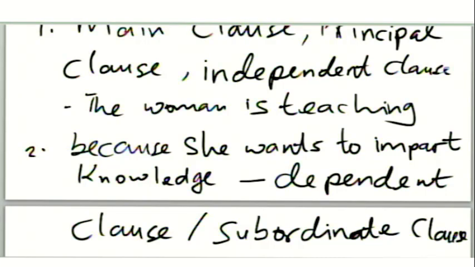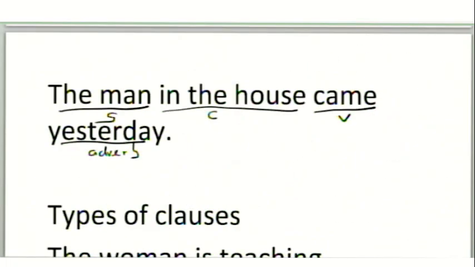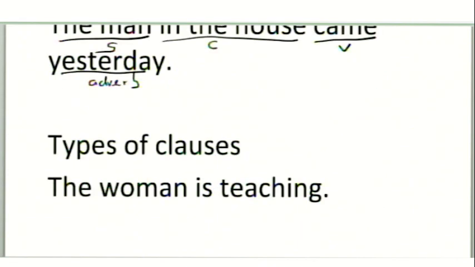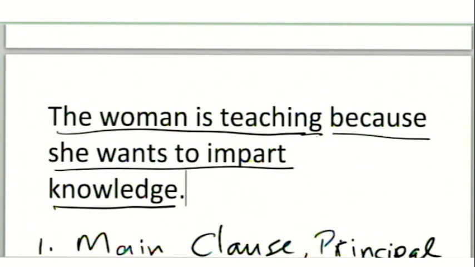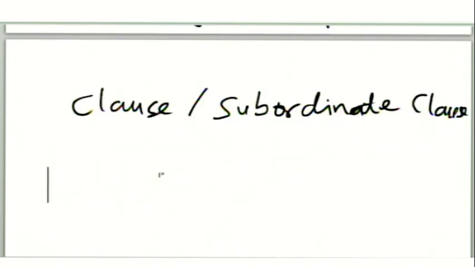And so going back to our second example, the woman is teaching because she wants to impart knowledge. Our main clause is the woman is teaching, and our subordinate clause is because she wants to impart knowledge. Let us look at another example. Amma went to school.